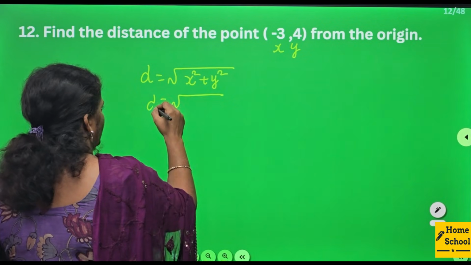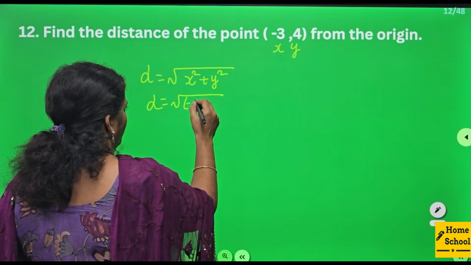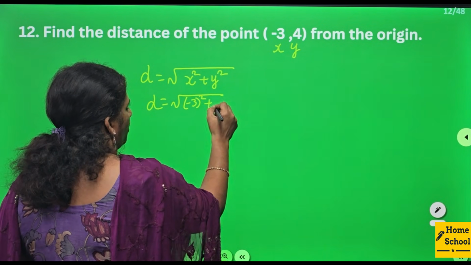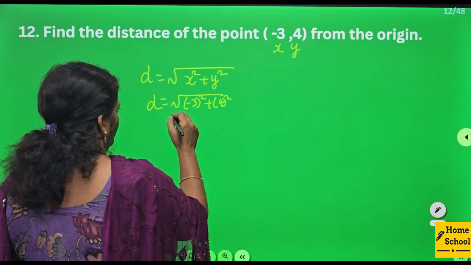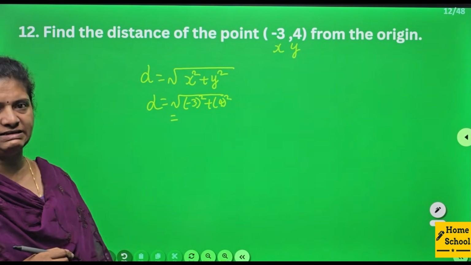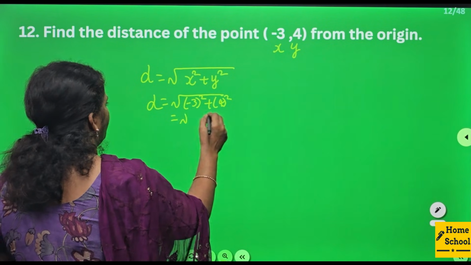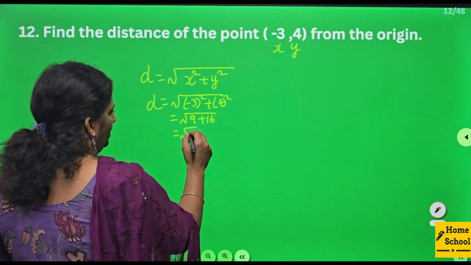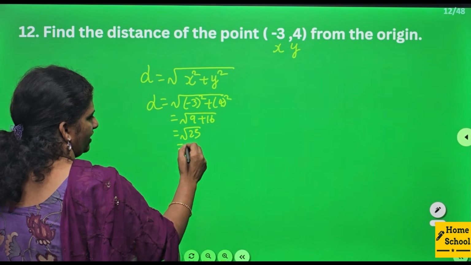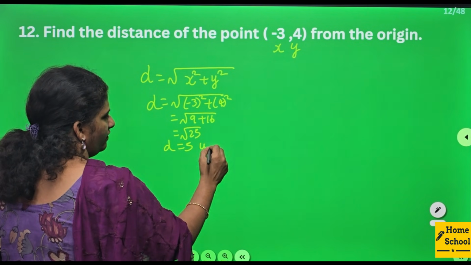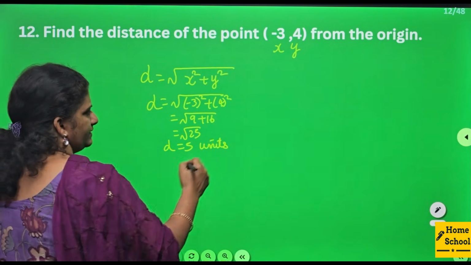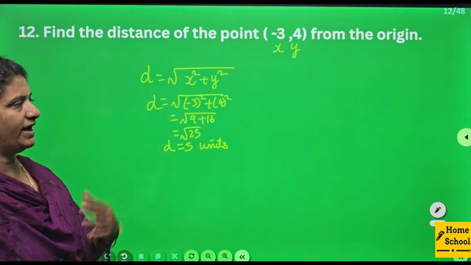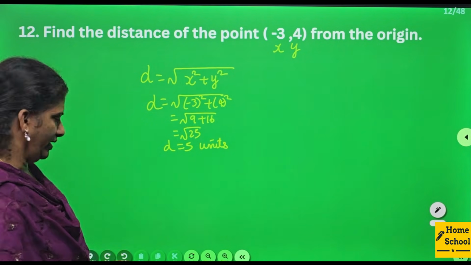D is equal to x place, write minus 3 whole square, y means 4 whole square. Minus and minus plus, 3 3s are 9, 4 4s are 16. 16 plus 9 will be 25. Square root of 25 is 5 units is your answer. Distance from origin to that coordinate is 5 units.